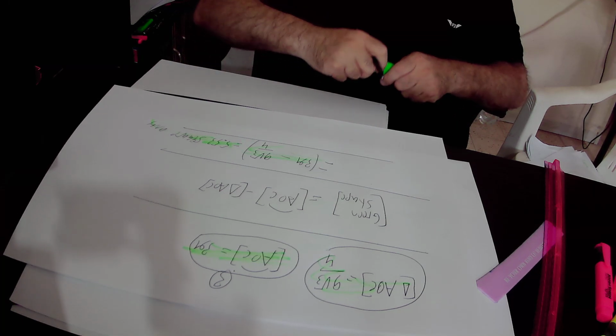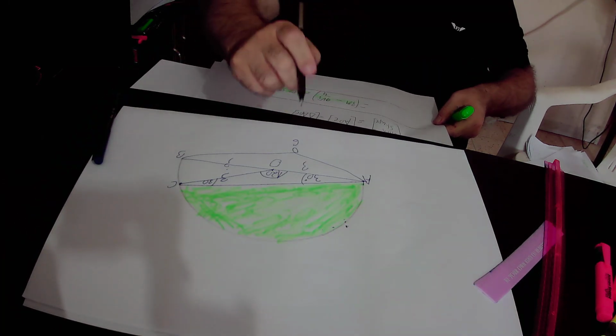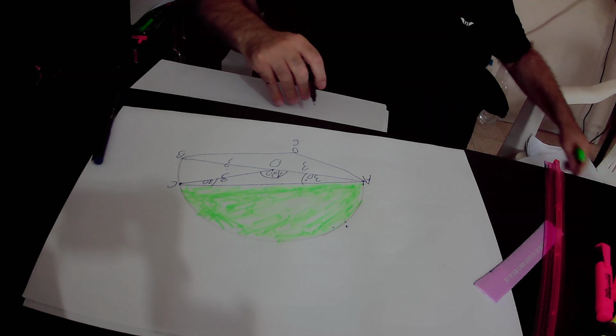Next, I will present to you how to find out the area of this green shape according to the second method.